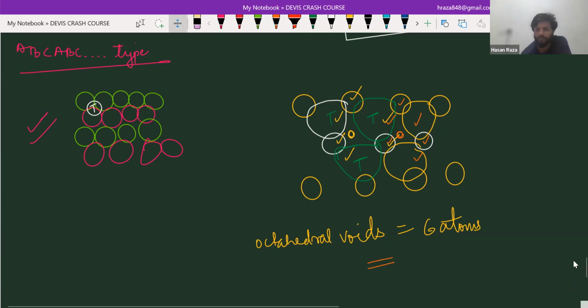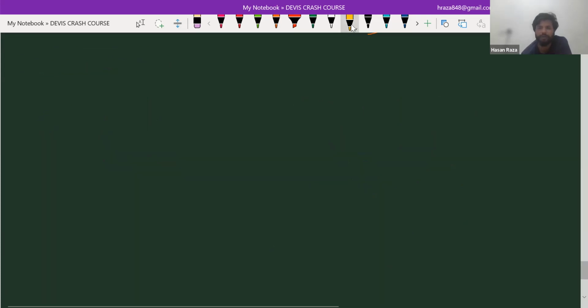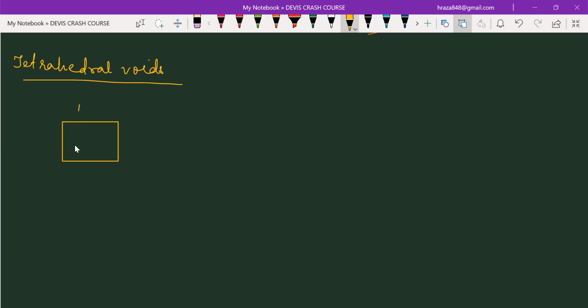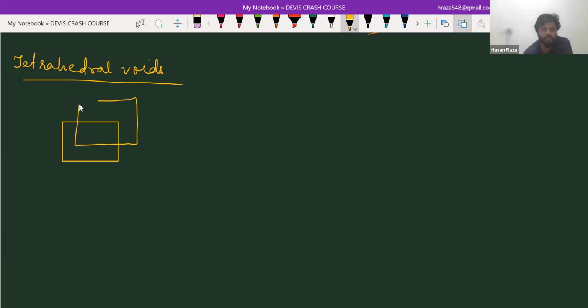You just need to remember how many atoms are surrounded in a tetrahedral void. For tetrahedral voids, I'm going to use a 3D structure. So this is our square and this is our another square.